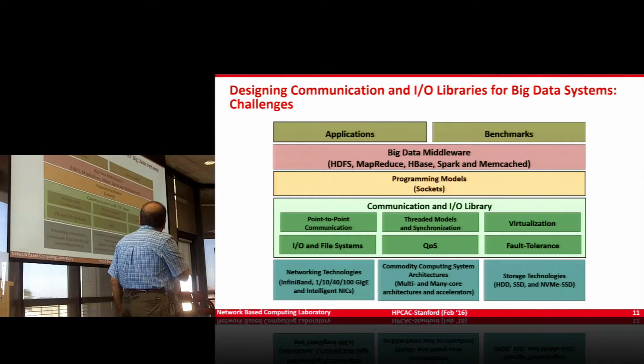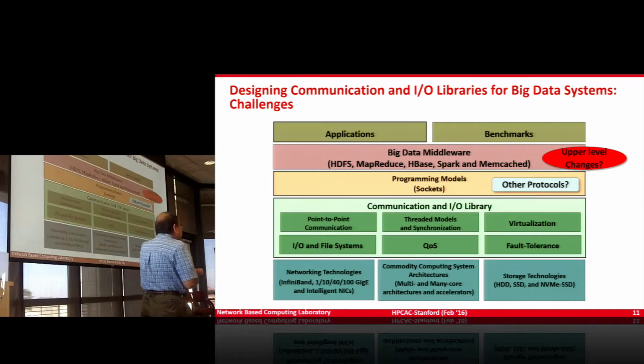So here, again, are the different kinds of communication and I/O library components. But before we jumped into that, we asked the fundamental question: can we move from sockets to other protocols, like RDMA? If we can do that, the network protocols become much faster.